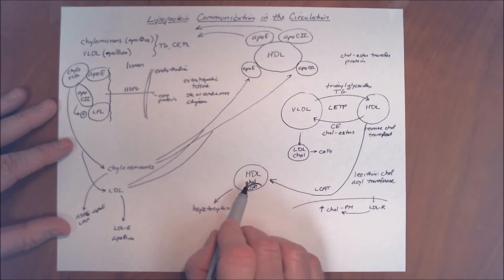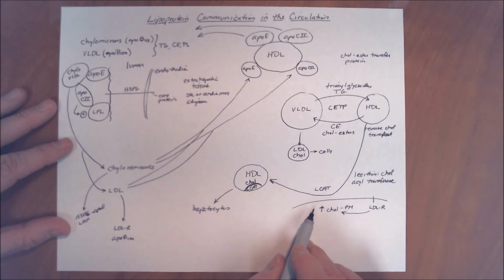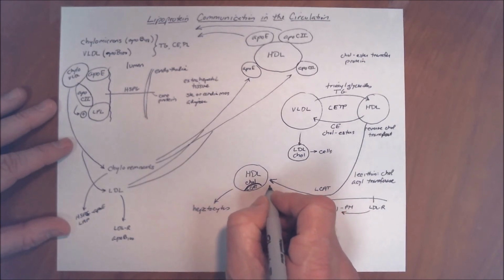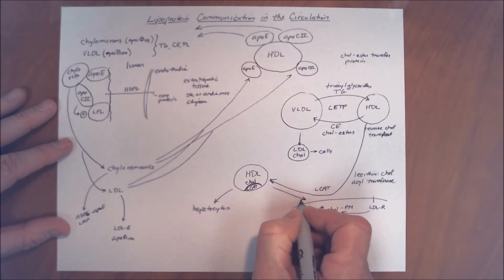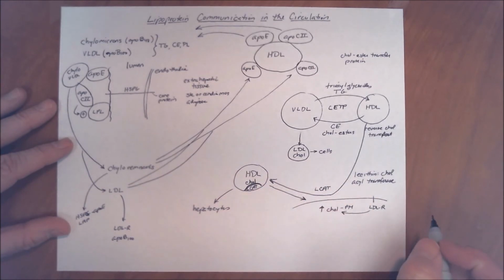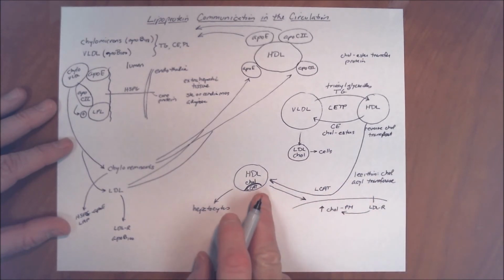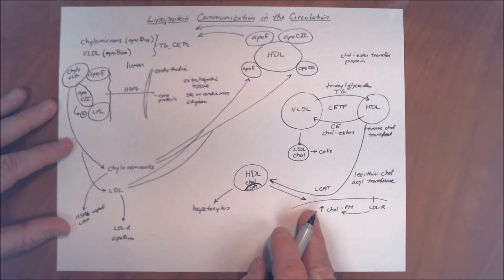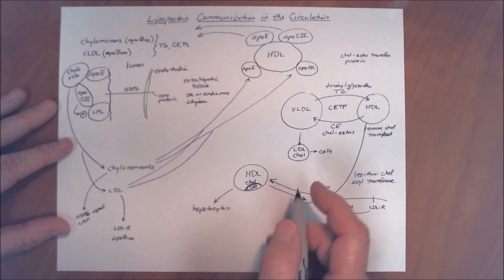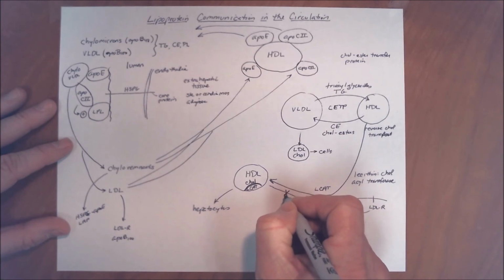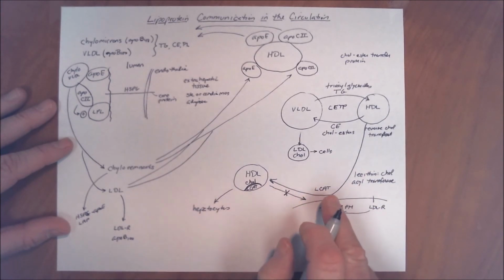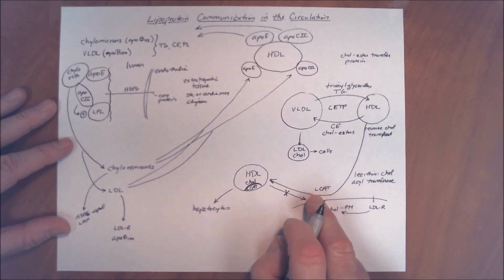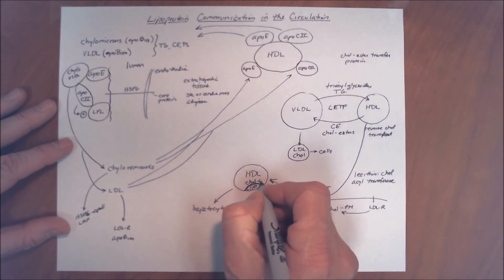And so if we just had cholesterol in the HDL and cholesterol in the membrane, it would easily be reversible, because the free energy change between these two would be approximately 0. So in order to ensure that this reaction doesn't go backwards, the function of LCAT is to make a cholesterol ester.